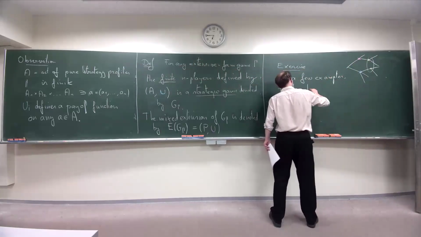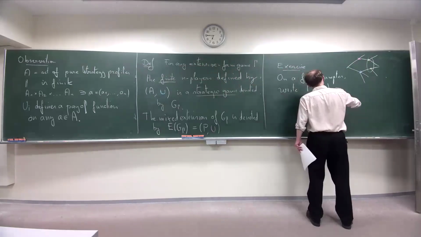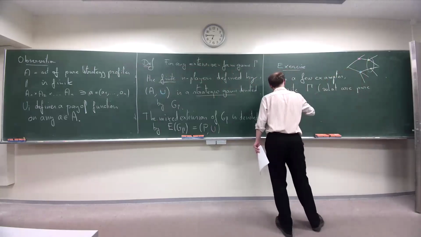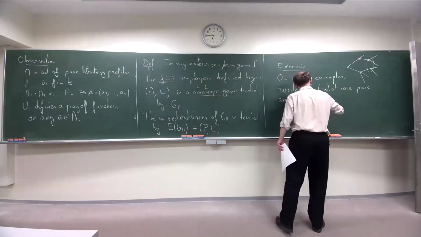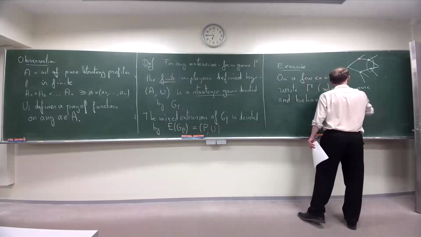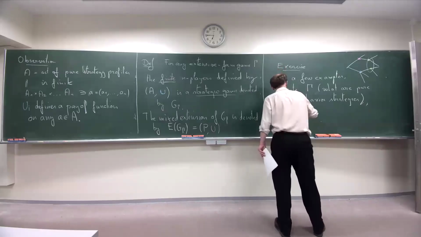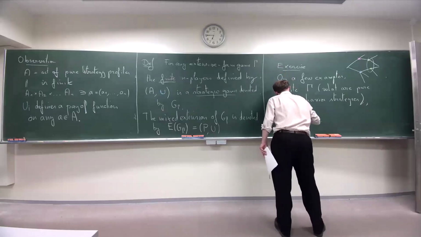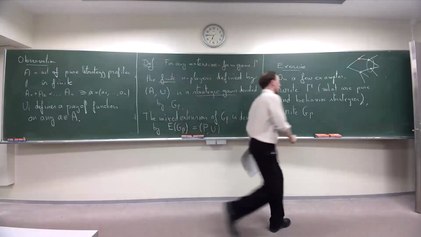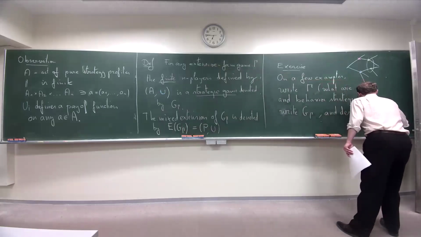Write what this game is, and in particular what pure, mixed and behavior strategies are. Also write what G of gamma means and describe mixed strategies.